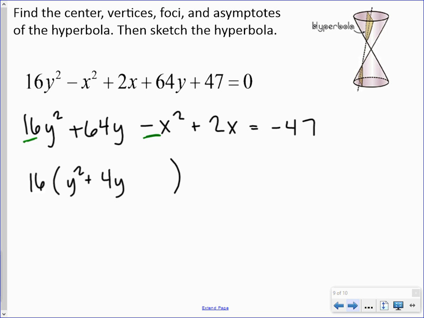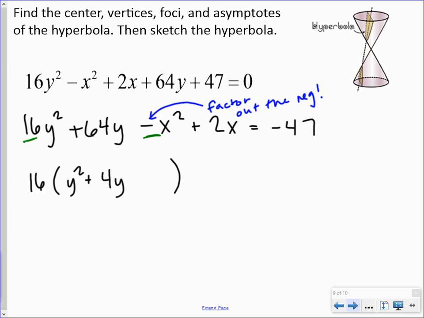Okay. This is really tricky with the hyperbola. Even if x doesn't have a coefficient, but it's negative, you have to factor out the negative. So like if that said negative 2x squared, I would factor out negative 2 from all my x's. Since that just says negative x squared, I'm going to factor out a negative 1 from all my x terms.